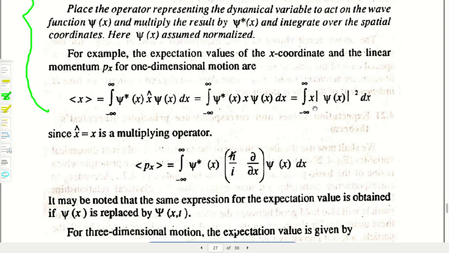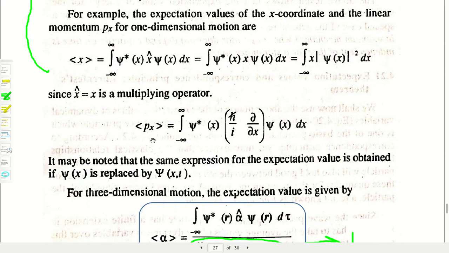So this integration should be done to find the expectation value of x, and for px the operator form is like this, h cut by i into del del x. So first operate del del x on psi, then it will form a scalar, then multiply that scalar with psi star, and then integrate in the limit minus infinity to plus infinity.